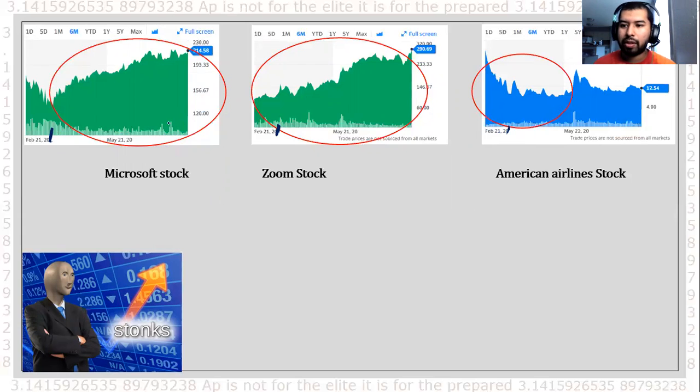So a lot of companies doing digital learning, like Zoom, just skyrocketed. Kid you not. Same for Microsoft. Others that did not are probably the oil companies, cruise companies, and airline companies. You can clearly see that in this area specifically, they are decreasing. So time to buy, right?